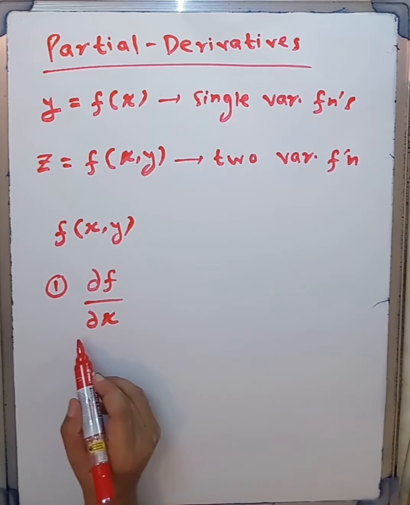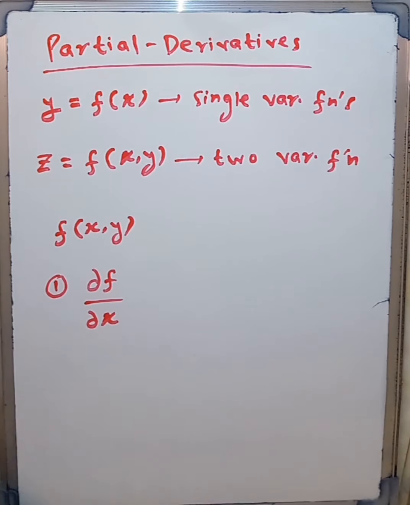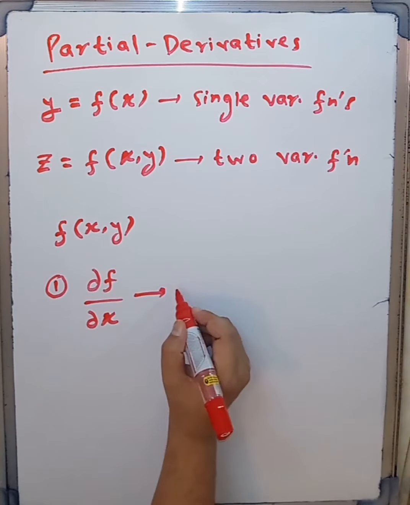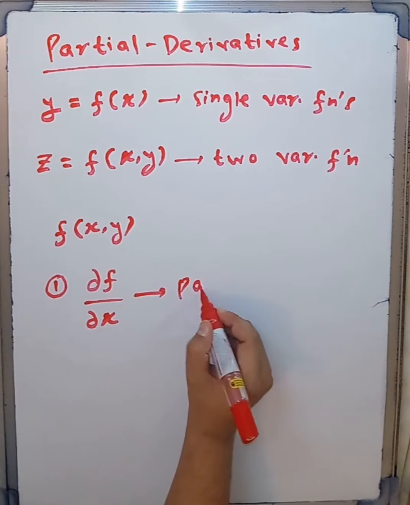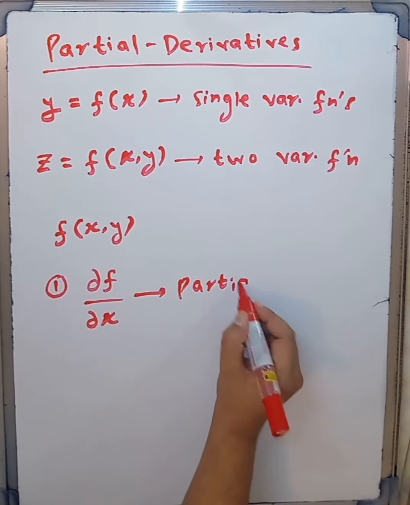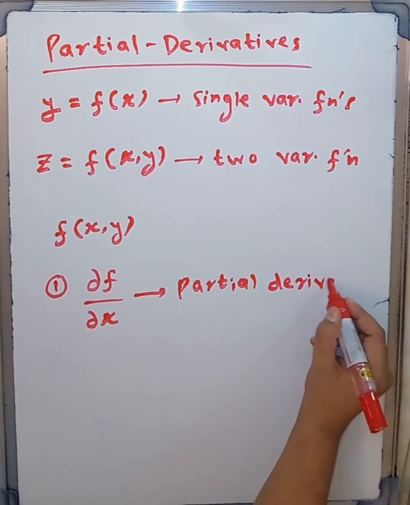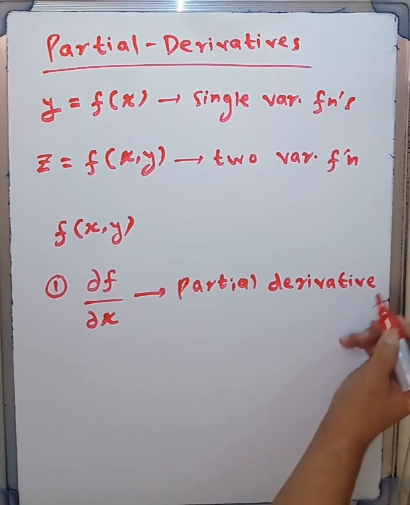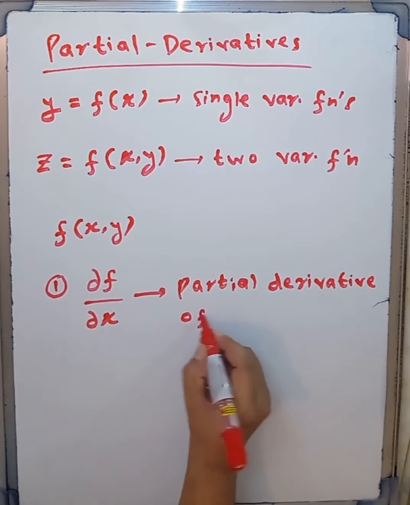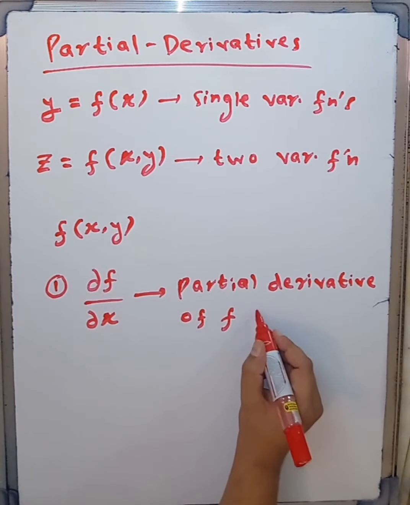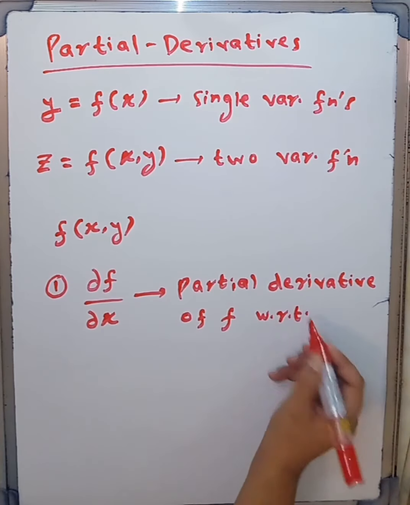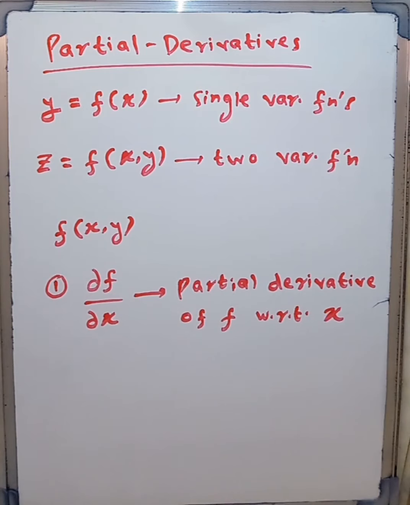We read it as dou f by dou x. And this is the partial derivative of the function f with respect to the variable x.